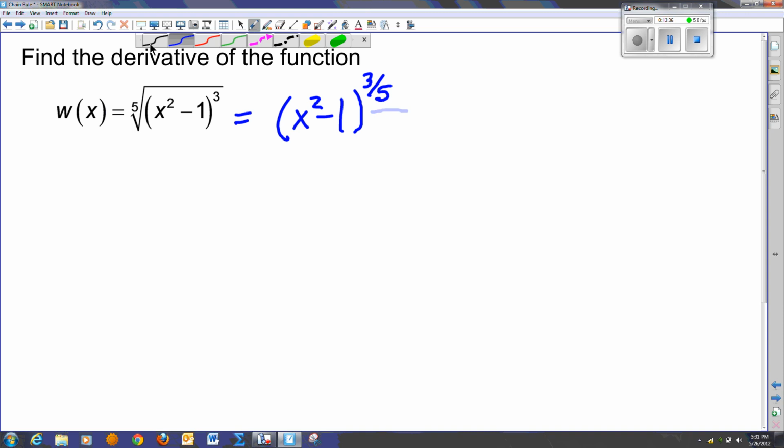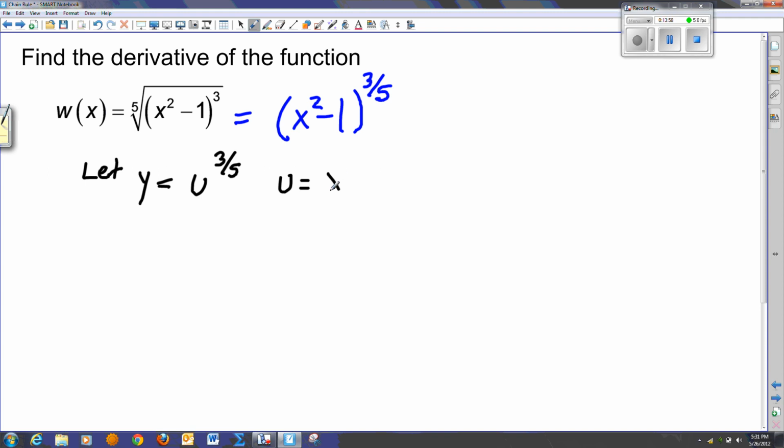So the next thing we'll do is start making our substitutions. We'll let y equal some u value to the 3/5 power. And u is the innermost function once again, which is x squared minus 1.